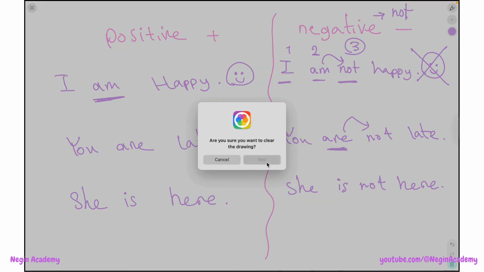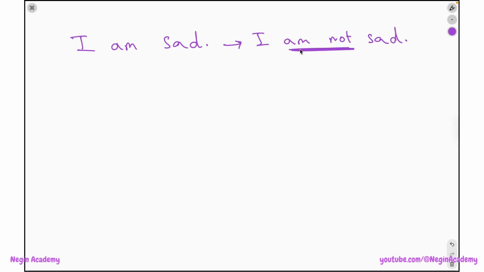Let me erase this board. For example, I can say, for instance, I am sad. The negative form, I am not sad, right? Here we have the full form.